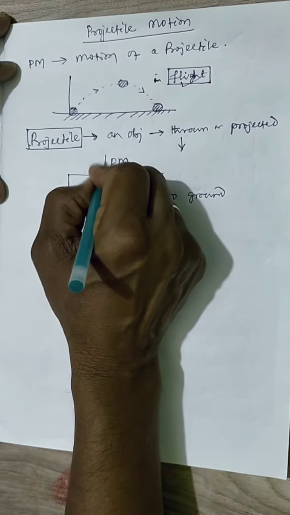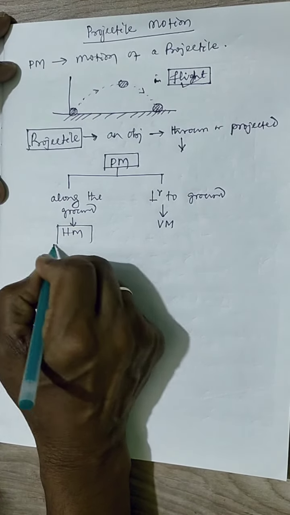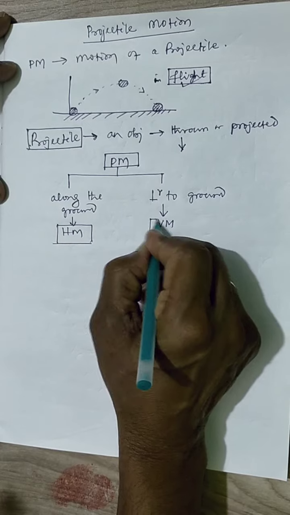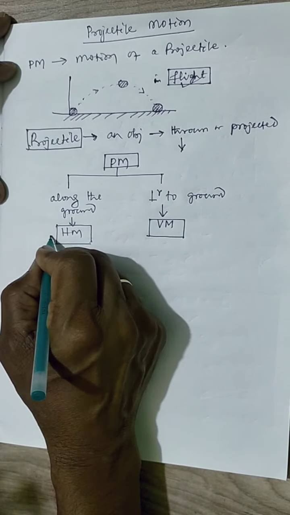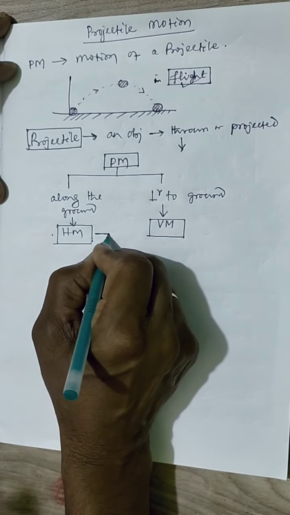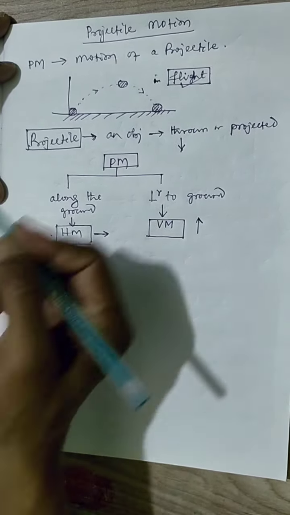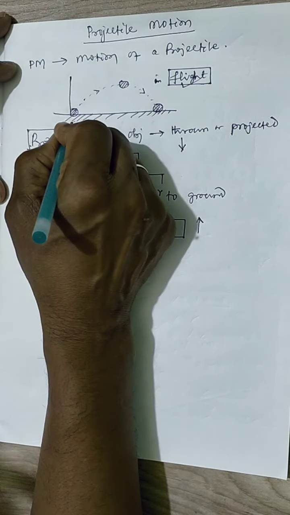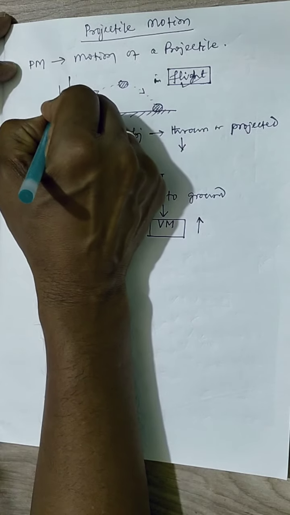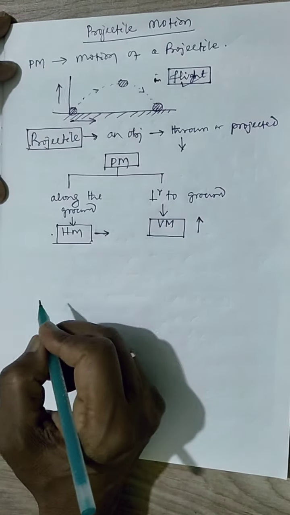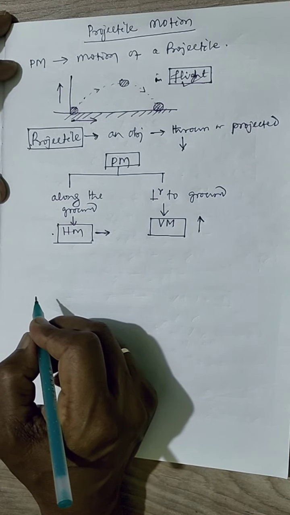That means projectile motion will have two motions simultaneously. At the same time it will have horizontal motion and vertical motion. Horizontal motion is along the ground. Another one is vertical motion, or perpendicular to ground.